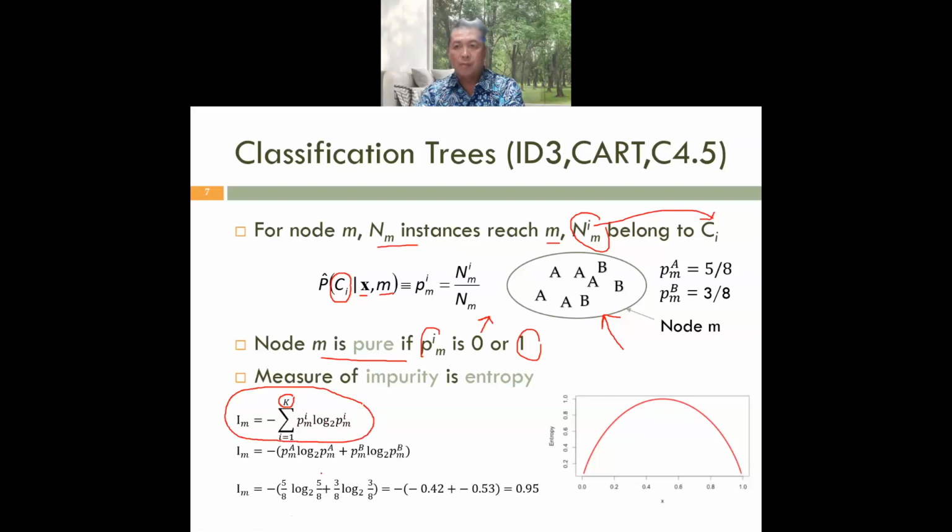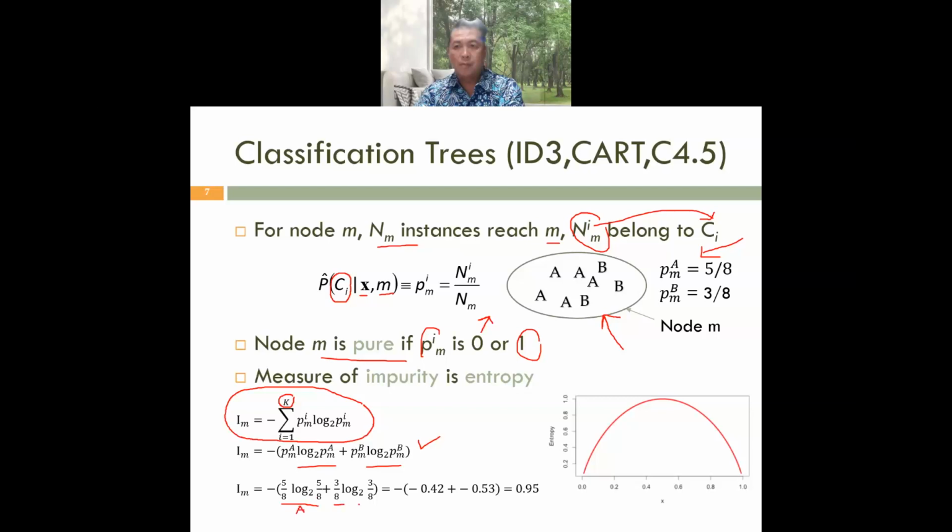For example, if we have two classes here, A and B, then we will have 2 here. We apply this formula to this problem. Since we have two classes, we just plug in the values here, but we need to use log base 2. And this is for A.